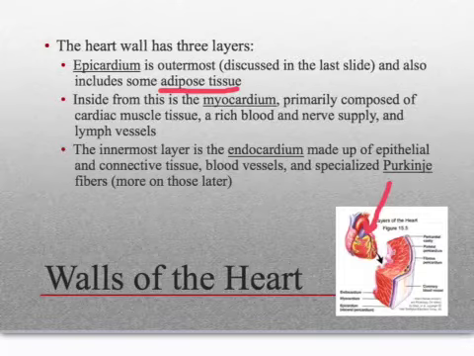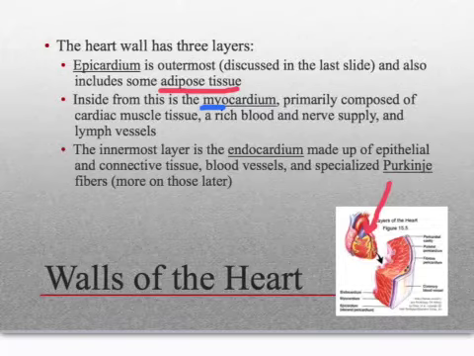Just inside of that is the heart muscle itself. So you might remember from the muscle chapter, myo means muscle. So myocardium is heart muscle. And it is very thick, very dense. It has a huge blood supply, which is why it is very, very dark red, almost even brown, because there's so much blood there.